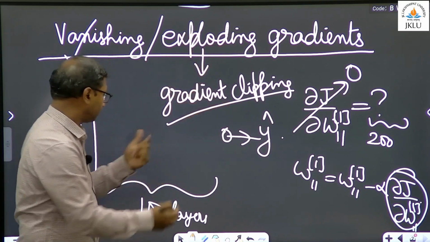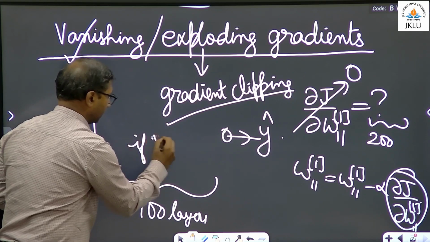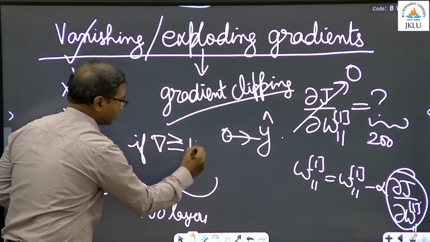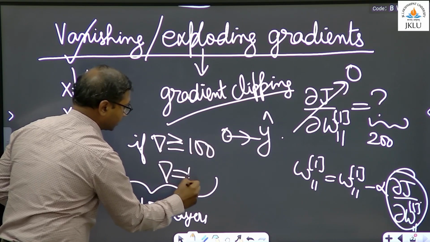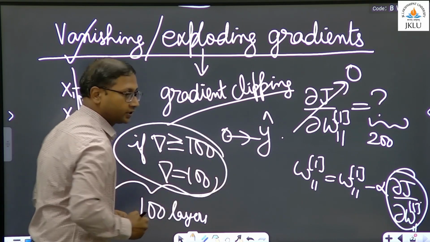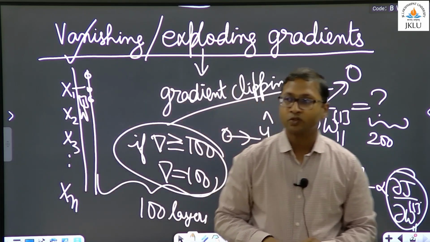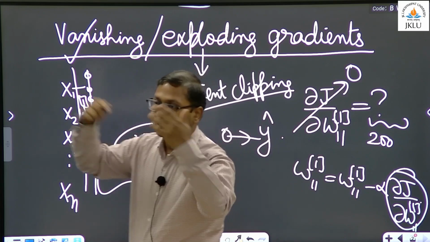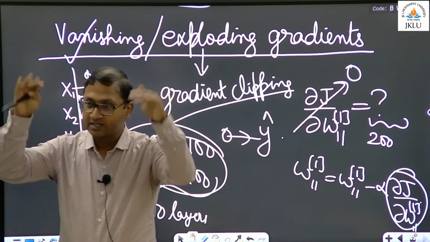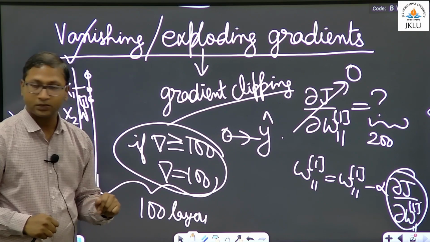The algorithm is this: if grads are greater than or equal to 100, grad equals 100. Just these two lines will do it for you. If my gradients are larger than a quantity, I just clip them to that value.